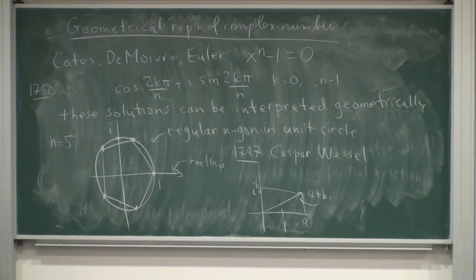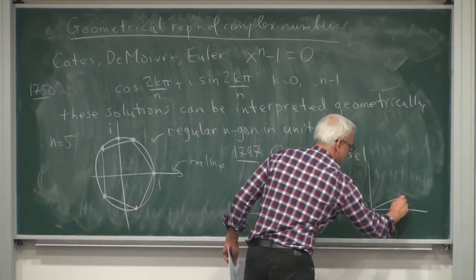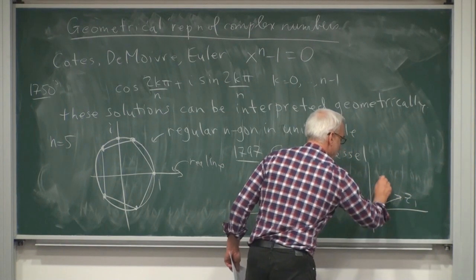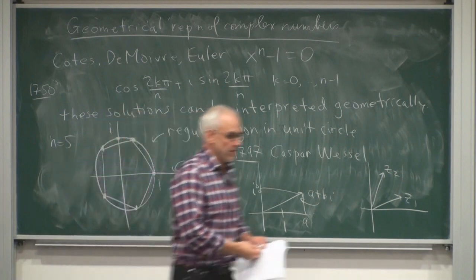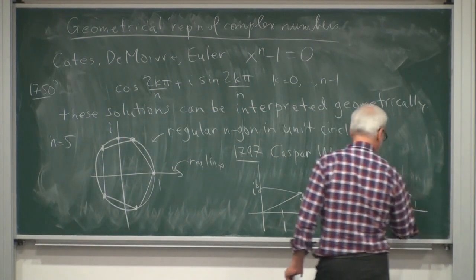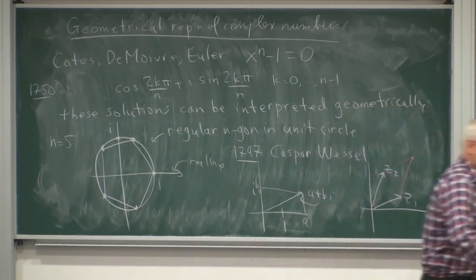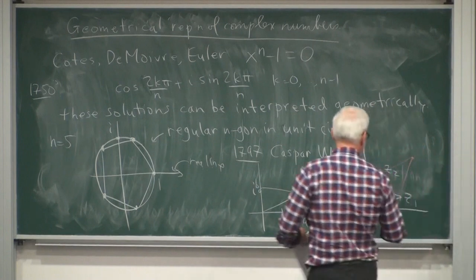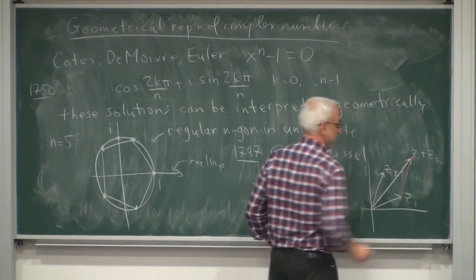And then if you have two such complex numbers, say z1 and z2, then he showed that the addition of vectors could be thought of geometrically just by adding the two vectors. So if you add the two vectors, there's z1 plus z2.